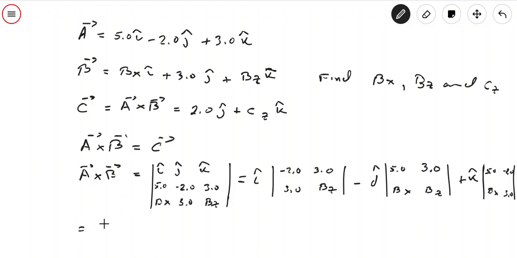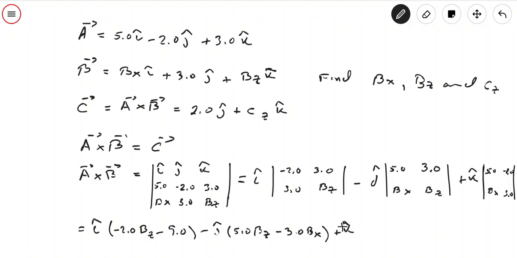Solving the determinants, I'm going to get i times negative 2.0 Bz minus 9.0, minus j times 5.0 Bz minus 3.0 Bx, plus k times 15.0 plus 2 Bx. This is equal to the vector C.